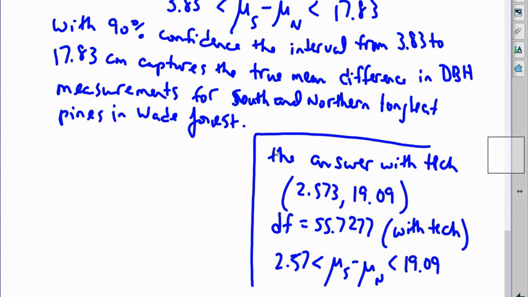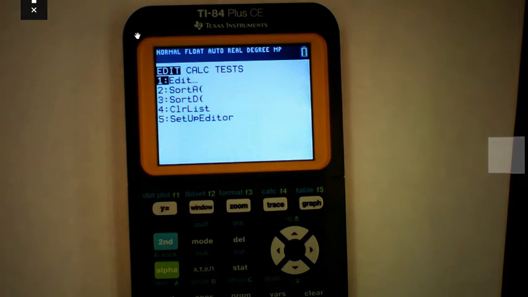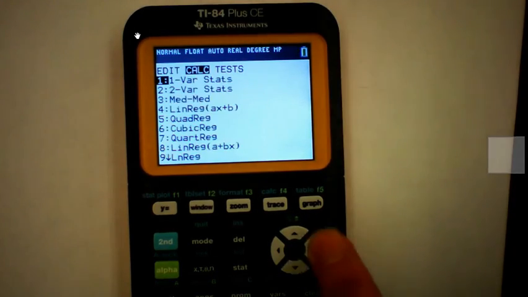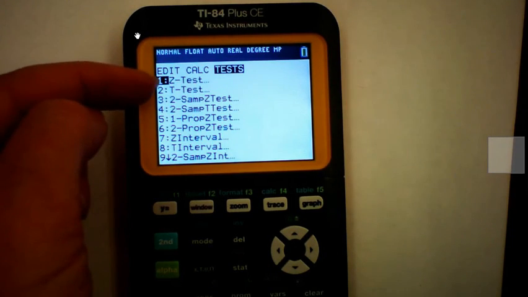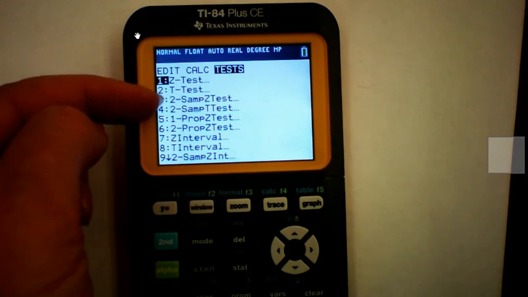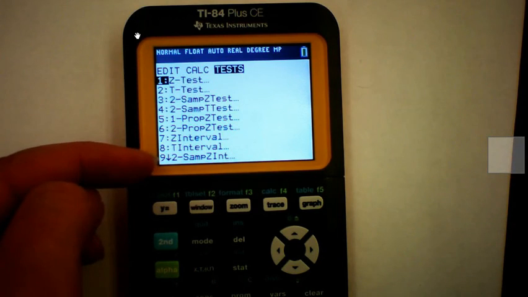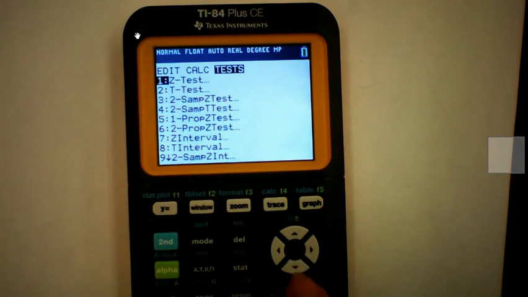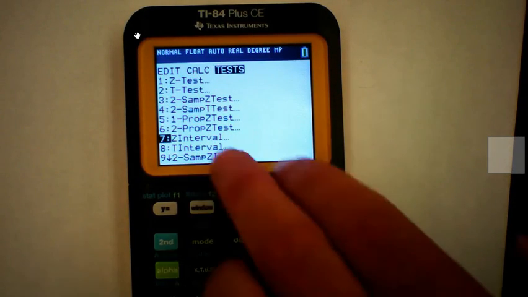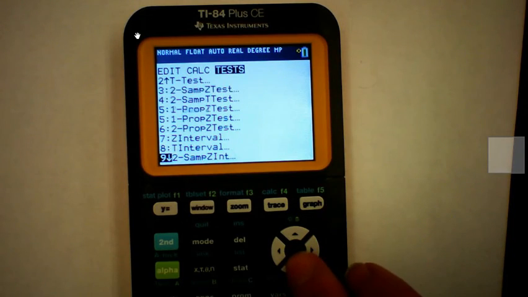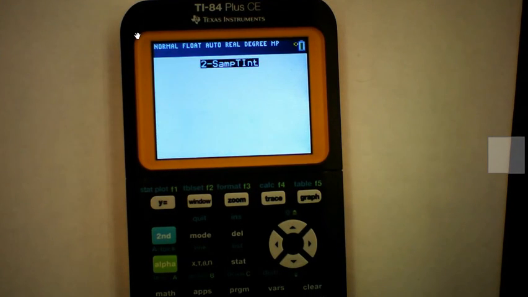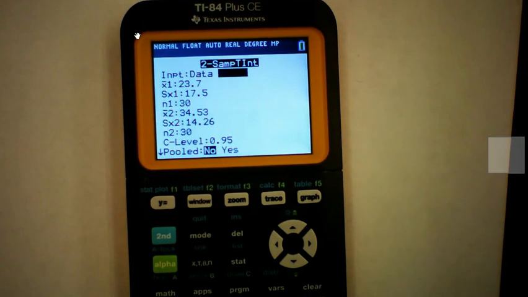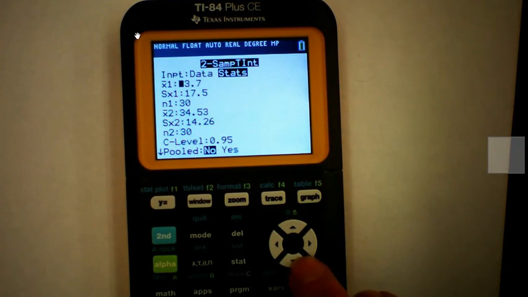Okay, so now I'm going to do it with technology. I hit stat, and now I go over to tests, and I can see that these are my two tests, but I don't want a test, I want an interval. That's a 2-sample Z interval, but I want, there's my 1-sample intervals, but I want a T interval. So I click on T interval, and I tell it that I want to do it with stats, and I've already started entering it in, but I don't think I have it completely in.